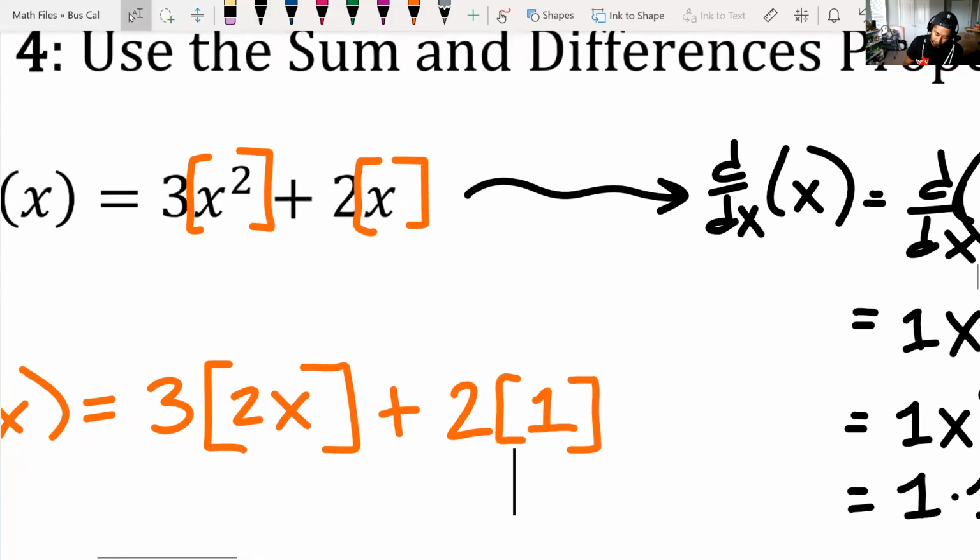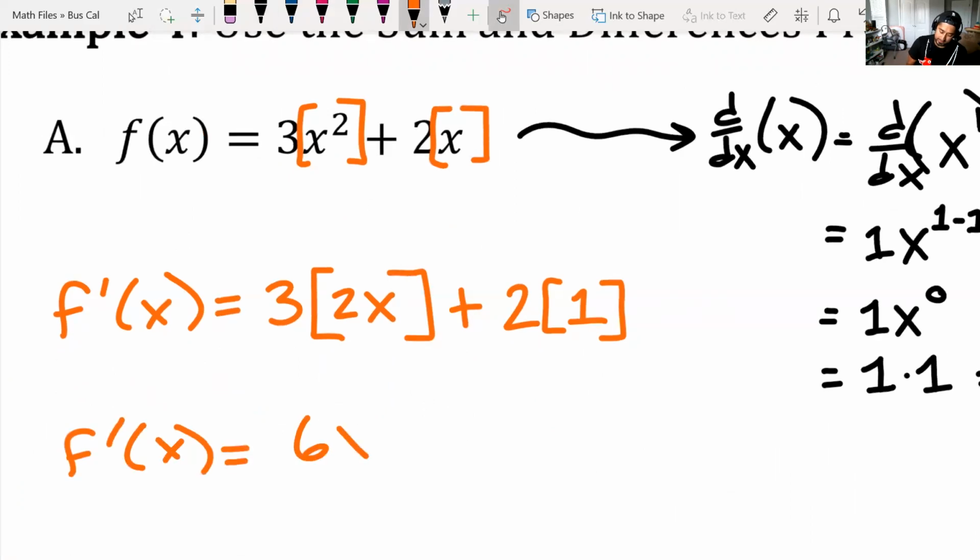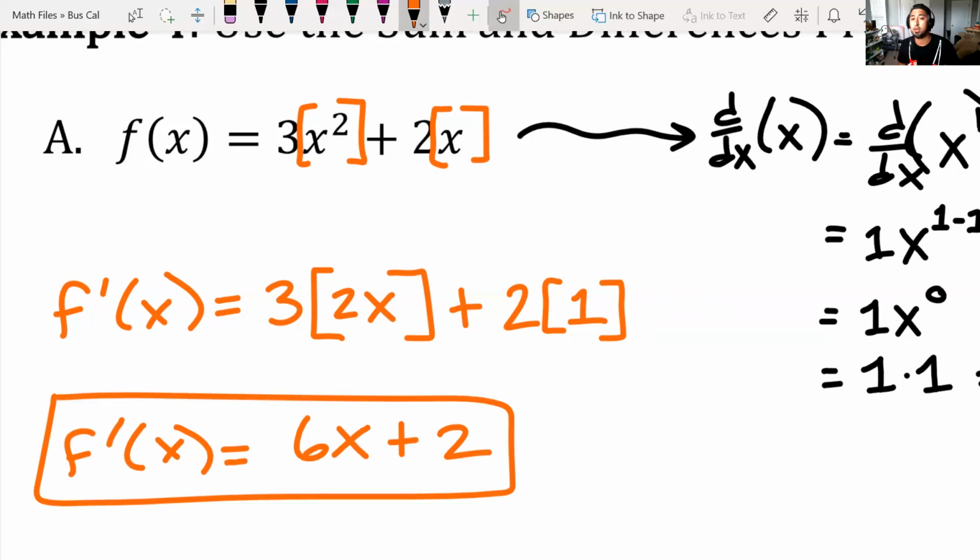There you go. Which means we get our final answer of f prime of x equals 6x plus 2. There it is. That's it.